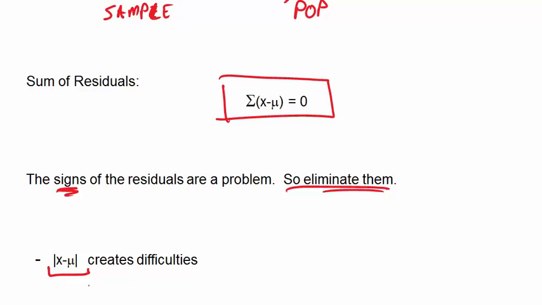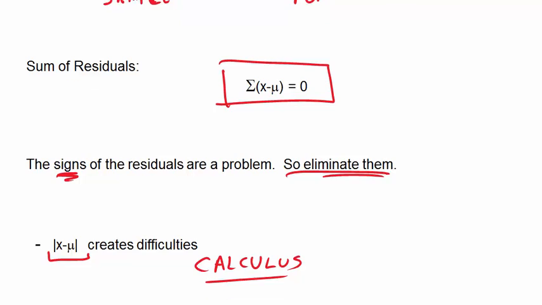They have corners. And for reasons that deal with calculus, if you've done any exploration of a derivative, you know that calculus does not like corners. They become non-differentiable. It's beyond the scope of this course, but taking the absolute values of all of our residuals is going to cause us problems.